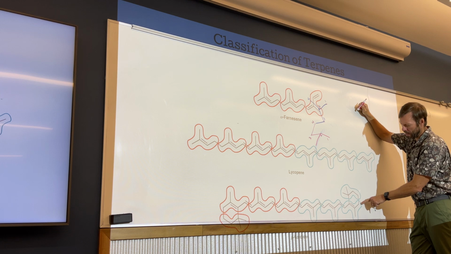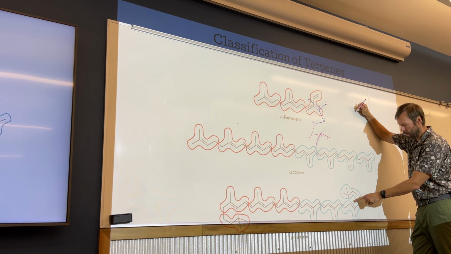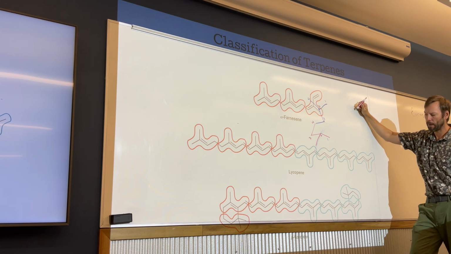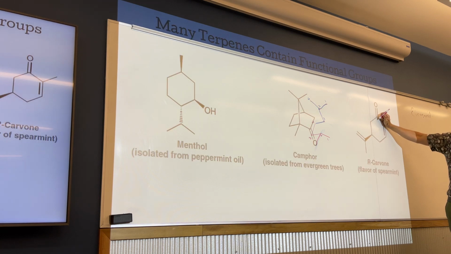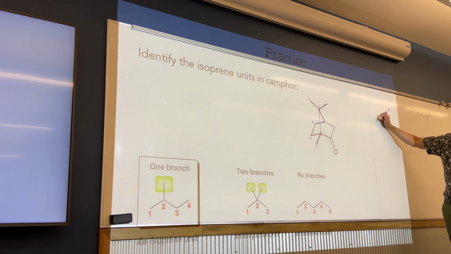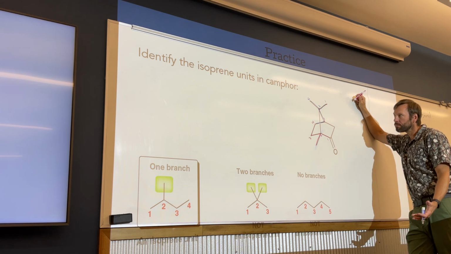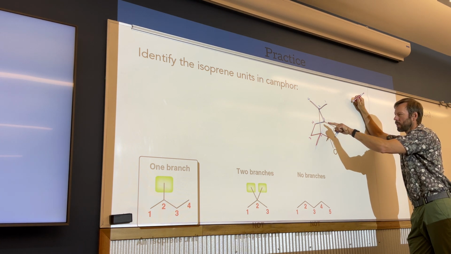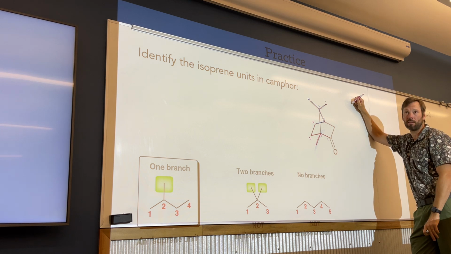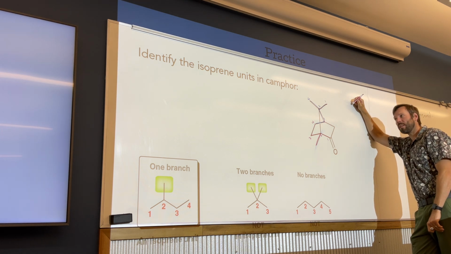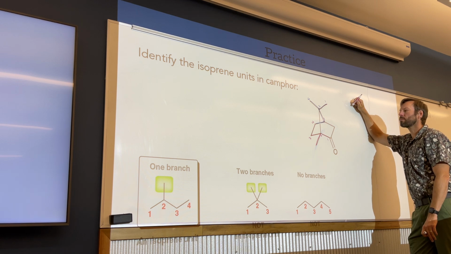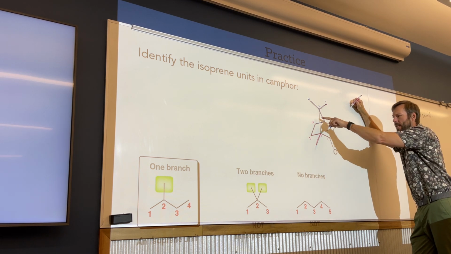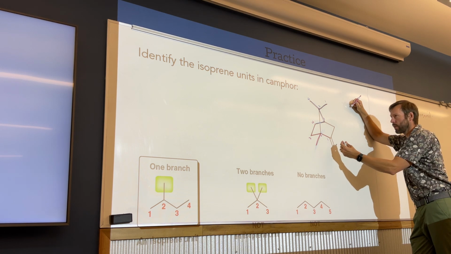In this case we have it right here, but it's embedded into there, but all the carbons are accounted for, right? For this one, there's not really a good way to link them head to tail. So this is a situation where it's just asking us to identify the potential isoprene.